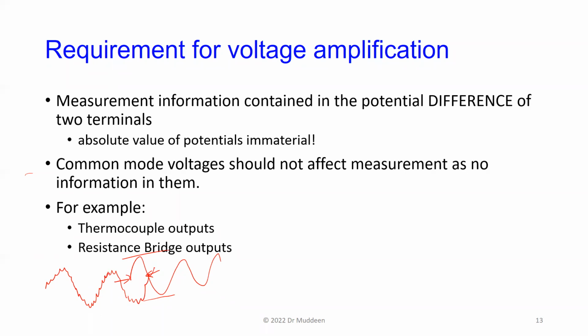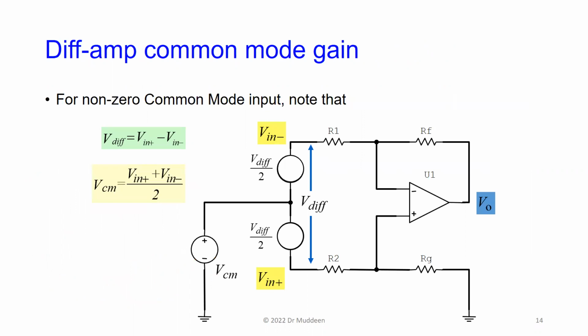These little fluctuations are what you want. This 60 hertz thing is the common mode signal, and that is what you want to ignore. And the differential amplifier is supposed to do that. How good it does it is by something that we're going to talk about now. Okay, so everybody following that? Any questions so far?